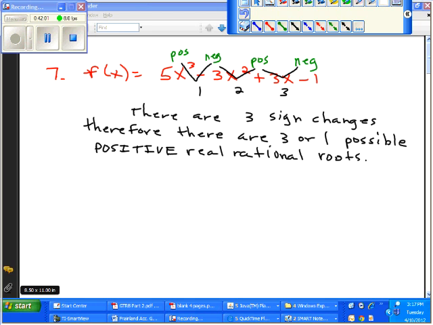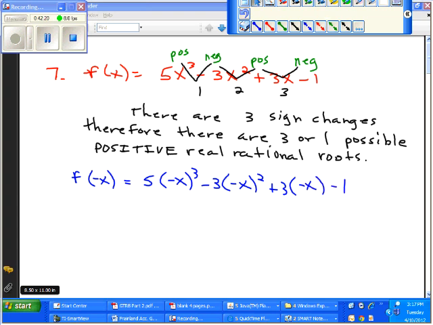To find the possible negative real rational roots, we find f of negative x and look at the sign changes. So everywhere we see an x, we're going to plug in a negative x. And we're going to get our signs right. When you take a negative raised to an odd exponent, you get a negative. When you take a negative raised to an even exponent, you get a positive.